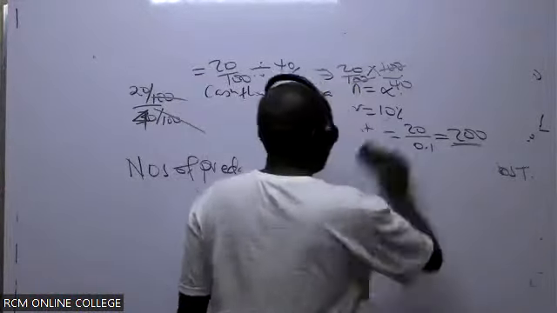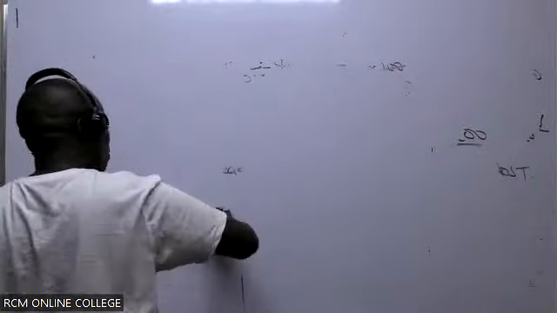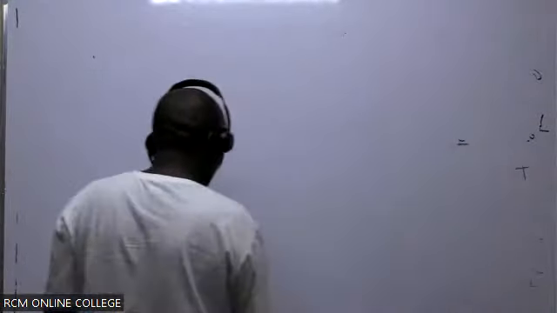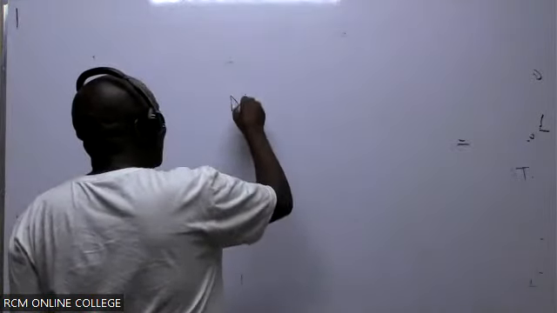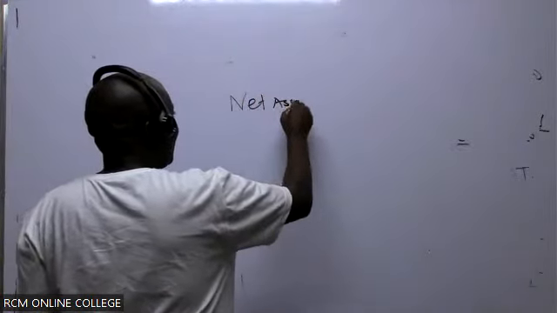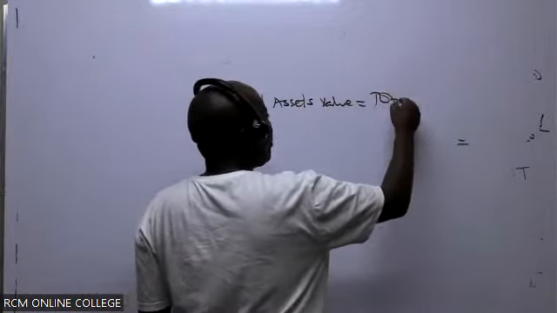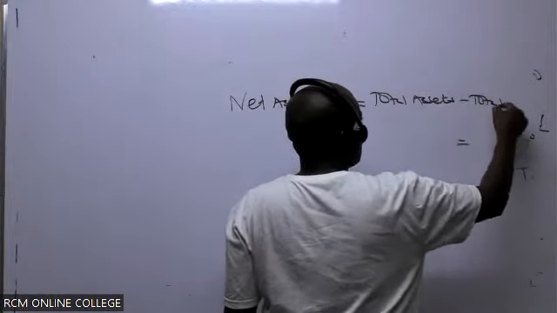Now, ladies and gentlemen, please listen to me very well. When we talk of net asset value, NAV, net assets value equals total assets minus total liabilities.